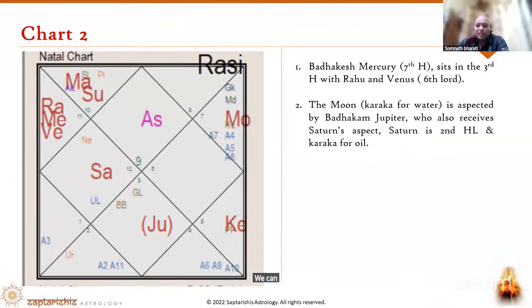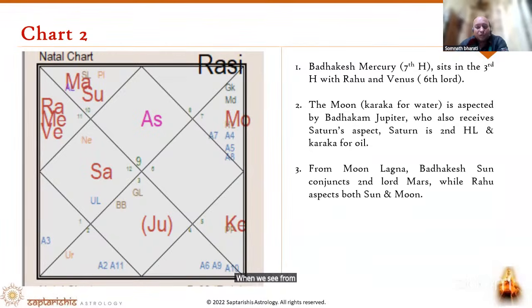We can see that Badhakam Jupiter is aspecting the moon, and moon is the Karaka for water, and Saturn, as lord of the second house, is aspecting Jupiter because Jupiter is retro here. Saturn, as again Sir has told us, is the Karaka for oil.